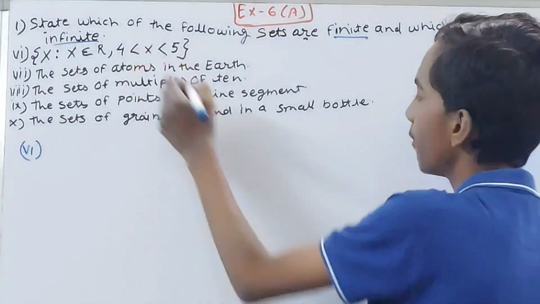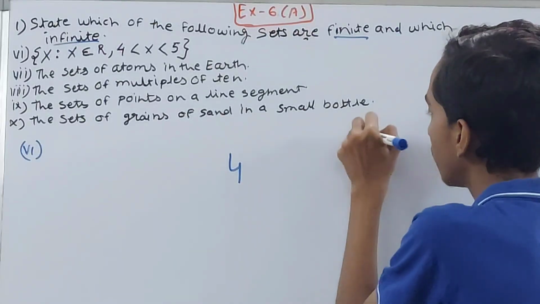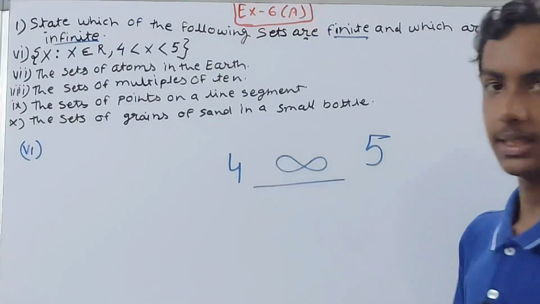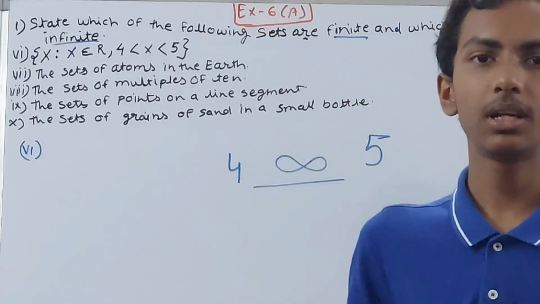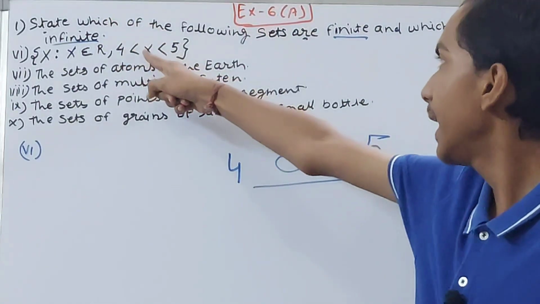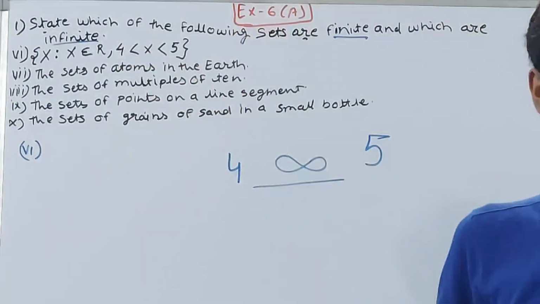Look here, if I am talking about 4 and if I am talking about 5, between them there will be infinite numbers. Uncountable numbers exist between two numbers. What is x? X is a value between 4 and 5.